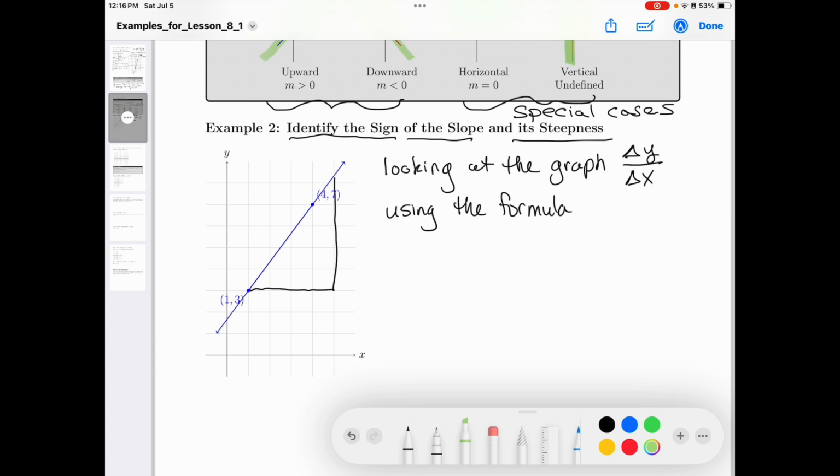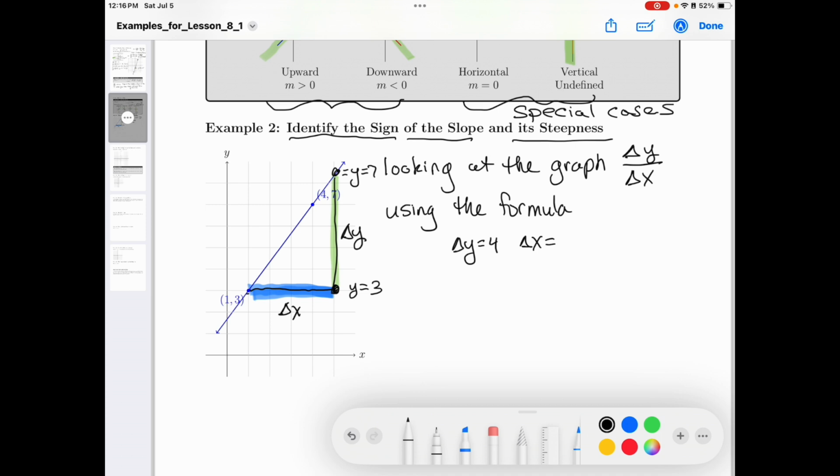this distance from here to here, that's my change in y. This is where y is equal to 3. And in this point, y is equal to 7. So the change is going to be 4. So the change in y is equal to 4. Now let's look at the change in x. The change in x is the horizontal change.